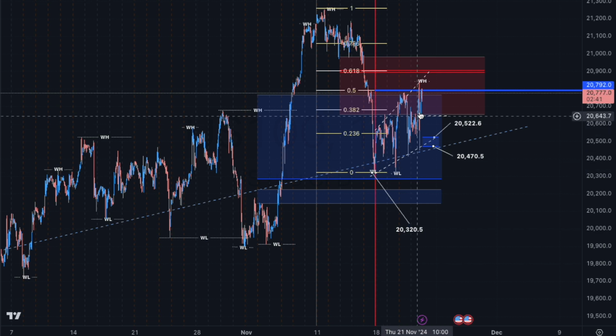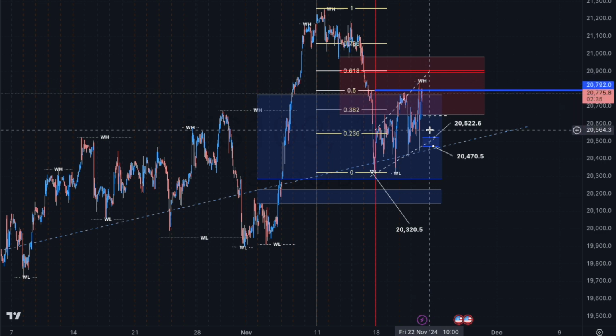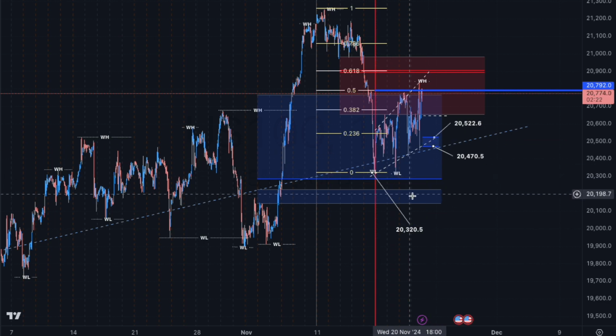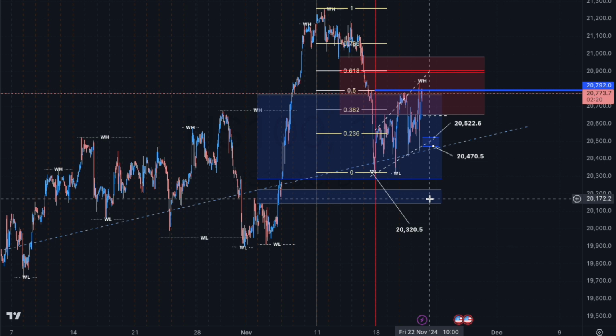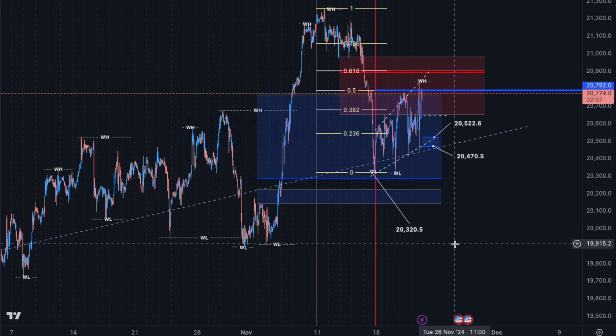So say for example, price from where it is right now in the FVG zone, it flies all the way down, goes past this potential zone over here, okay, but it doesn't have to go there, you can go straight past it, and blasts past this weekly low. It's fair to assume it's going to come into this one, right, and maybe stop, and that will be the end of the Friday move, or it could go even lower. That's just the vibe that I'm going off with right now based on what it is that I'm seeing.